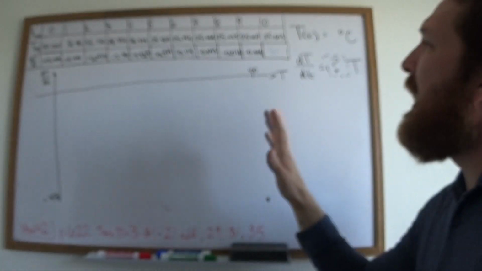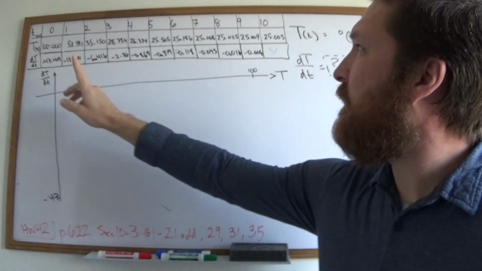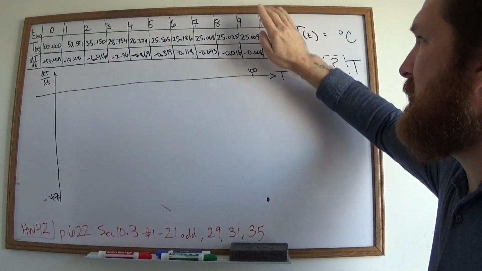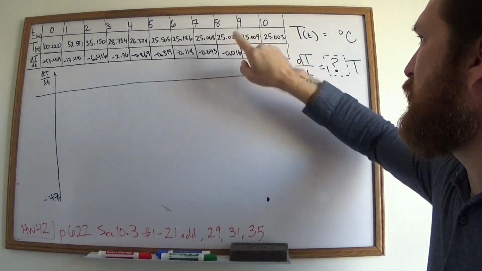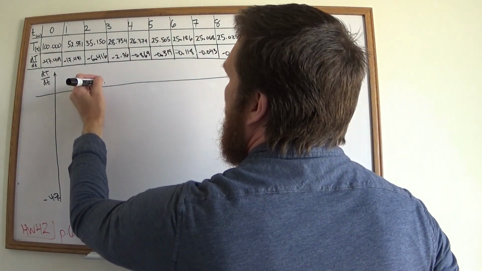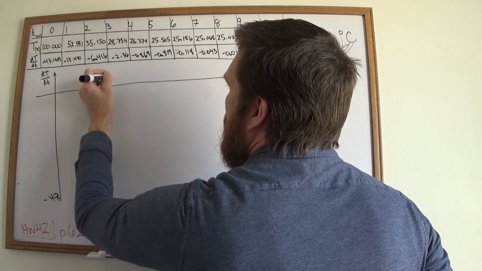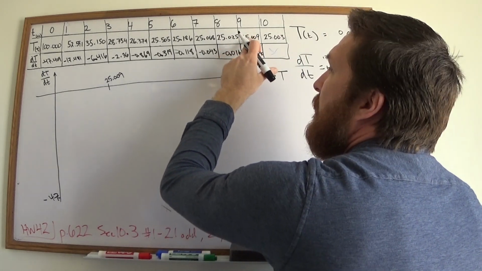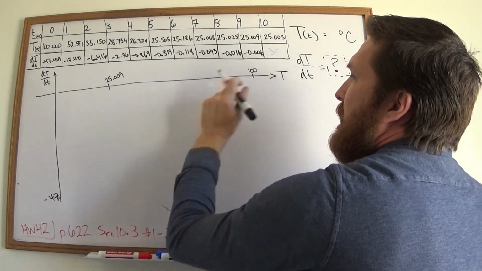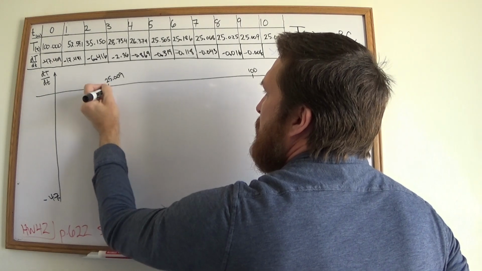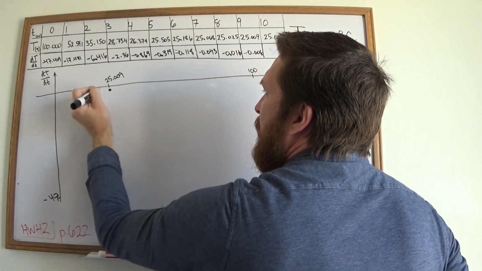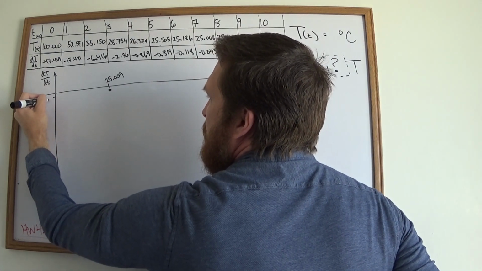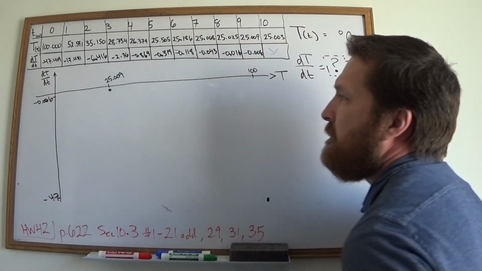Now here's something. I could just go through and do all of these, but I want to take a look at this last point that we have. This says when big T is 25.009, then my derivative, the output, is really close to negative 0.006.